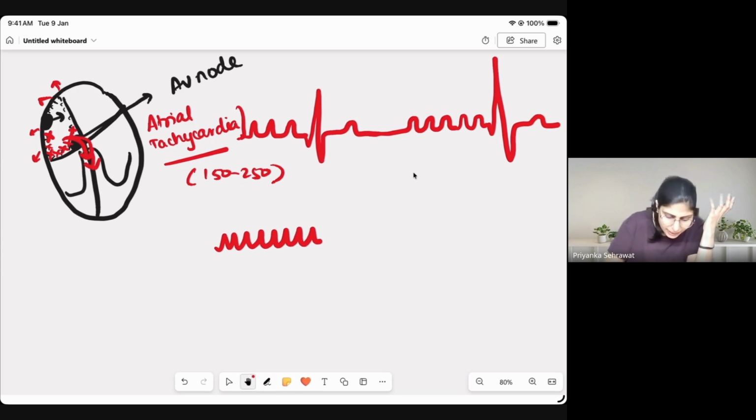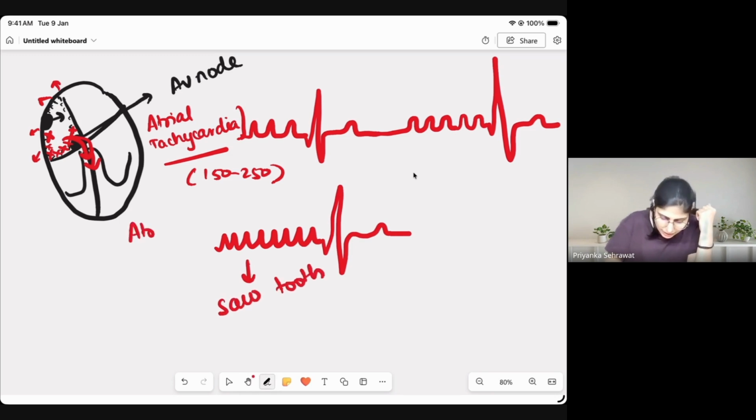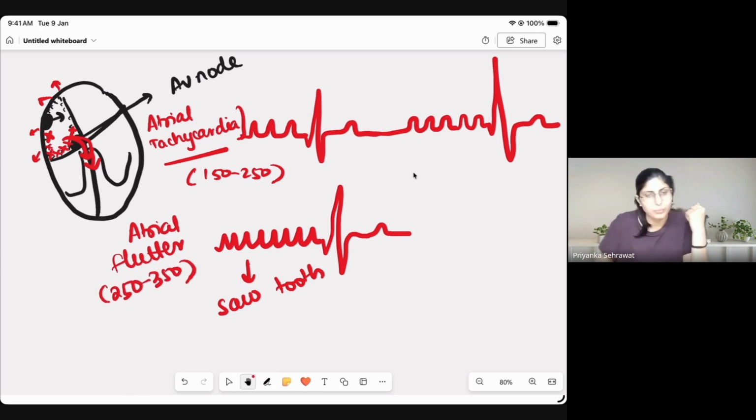Then some current again gets transported to the ventricles and we get a normal QRS and T. Right. So what is this known as? This is known as sawtooth pattern. And what is this seen in? Atrial flutter. तो ये होता है atrial flutter. इसमें heart rate usually 250 to 350.